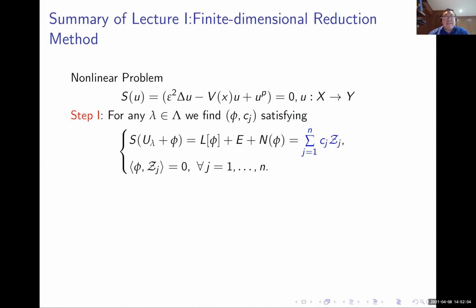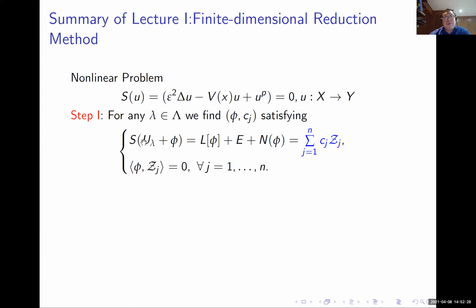Last time, I talked about the finite dimensional reduction method, and the model problem I took is this nonlinear Schrodinger equation: epsilon squared Laplace u minus V(x)u plus u to the power p. We solved the problem in two steps.